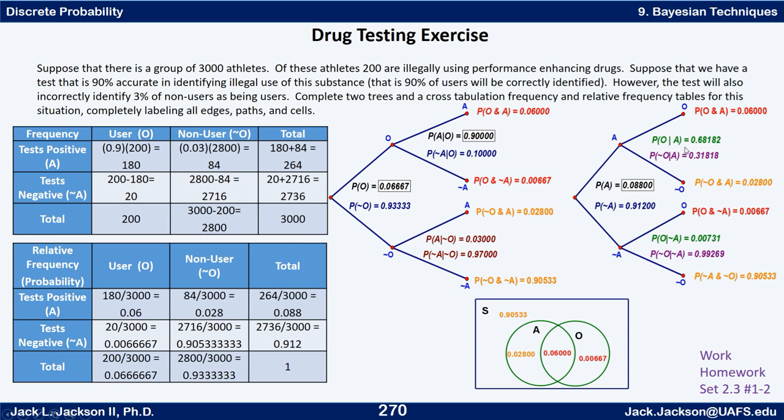But the probability that if you know that it's an A, that they've tested positive, the probability that they're an actual user is only about 68%. So if you look at all of them that test positive, the 264 that test positive, only 180 out of the 264, which is about 68%, are actually users.